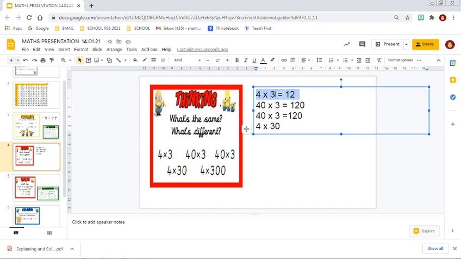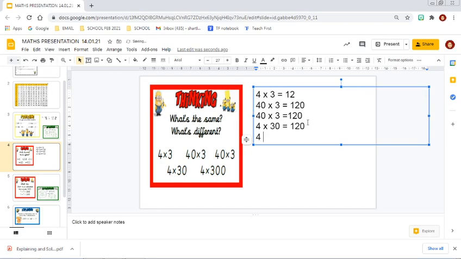I can see that I have 3 and my 30 is 10 times bigger. So I know that my answer here, or what it equals, is going to be 10 times bigger. 4 multiplied by 30 equals 120.